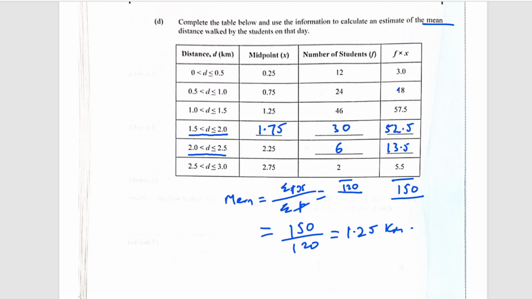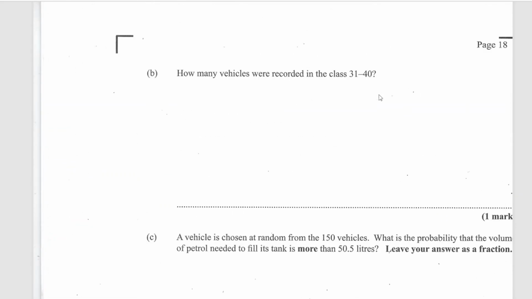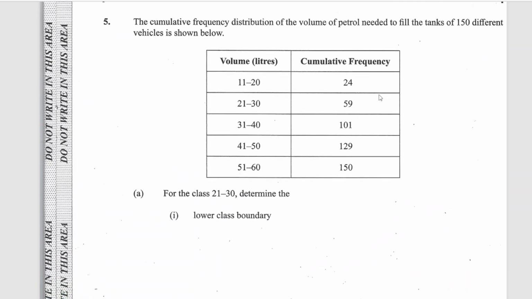If you have no questions on this, let me see what the next one is. The last one I think was a histogram, right? So this question now, this is May 2019 question 5.